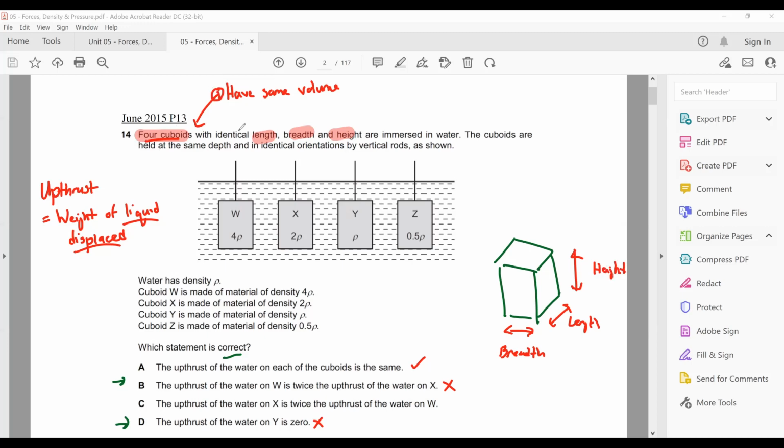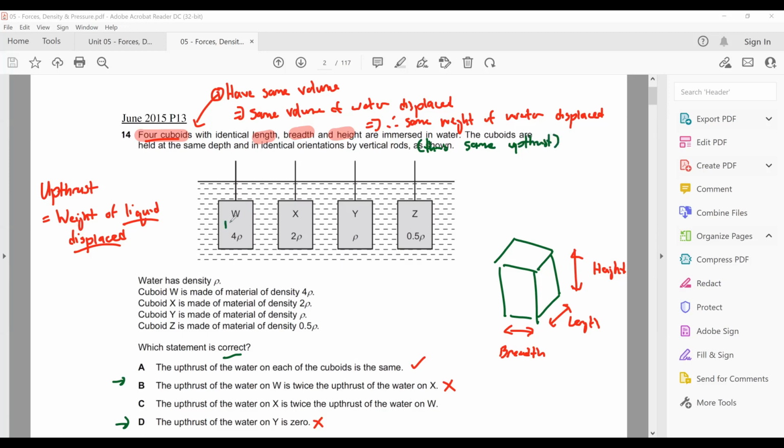If the cuboids have identical length, breadth, and height, that means they have the same volume. So when they have the same volume, that means you have the same volume of water displaced. So when you have the same volume of water displaced, therefore the same weight of water displaced, thus the same upthrust.